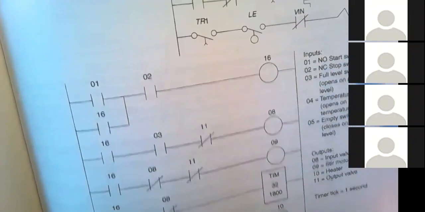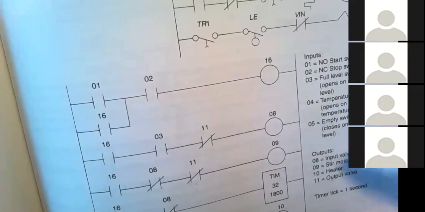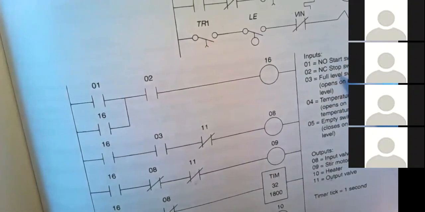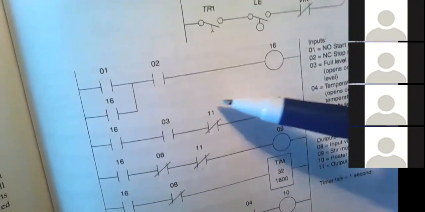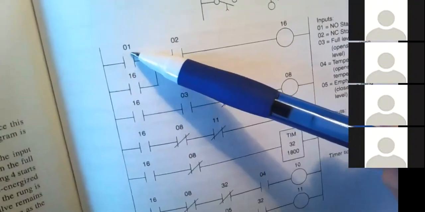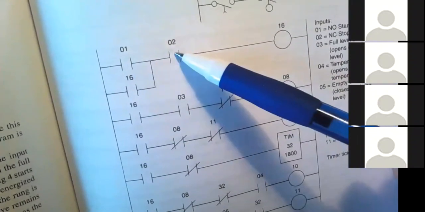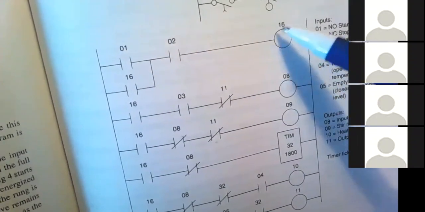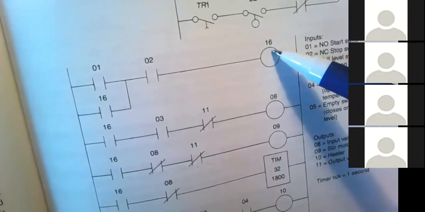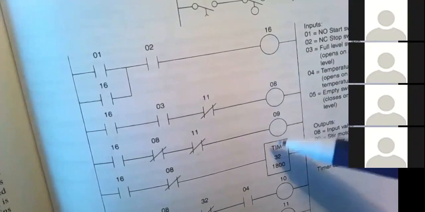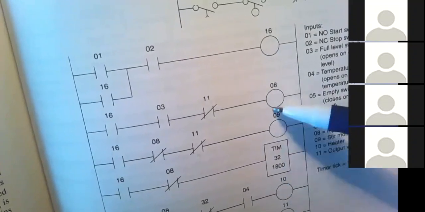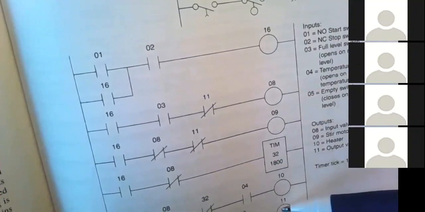That is actually for humans. Without this, humans cannot understand this diagram. But the computer doesn't care. All the computer needs is this address. So 01, 02, relay number 16, number 8, number 9. Those are the output relays. So we have output relays 1, 2, 3, 4, 5.